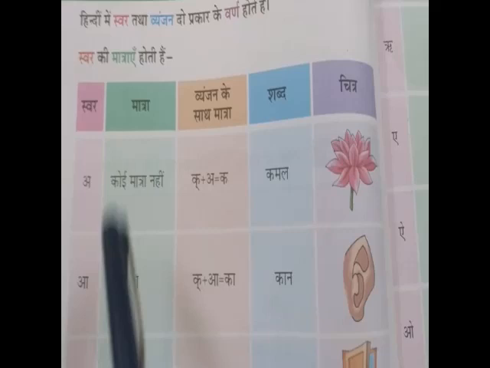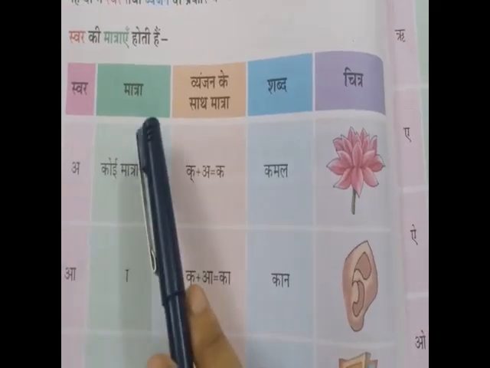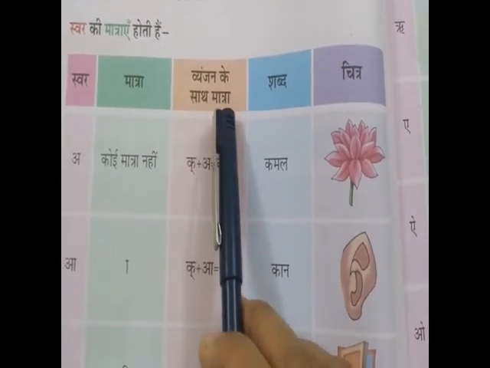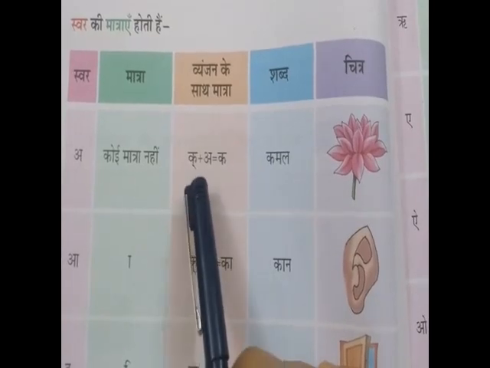स्वर is vowel. Matra, the sign which we are using to pronounce that letter, is known as matra. व्यंजन के साथ मात्रा, that means we are using this sign, the matra, with व्यंजन, that means consonant. We are using the vowel sign along with consonants to pronounce the letter.